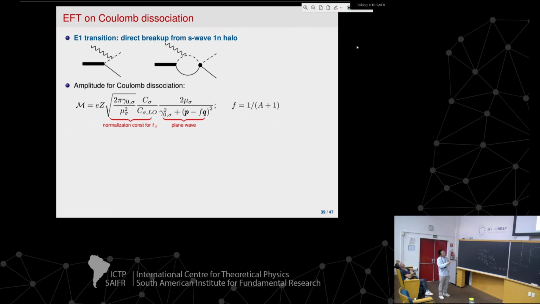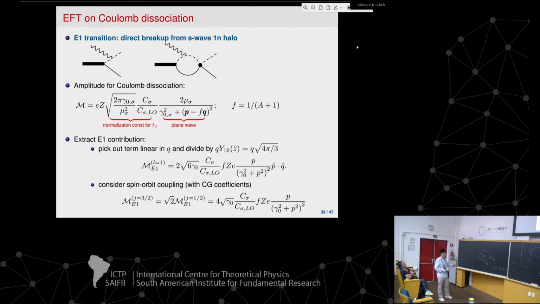So basically, you can write this in this form. This coefficient is related to the normalization constant of this T matrix, and this part is related to the plane wave of the single particle in the continuum states. This will give you the matrix elements for these problems, and then you want to extract the electric dipole contribution of this matrix. So you need to do a linear expansion of this denominator.